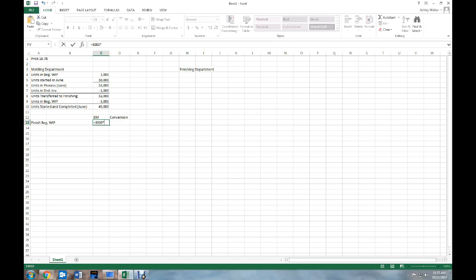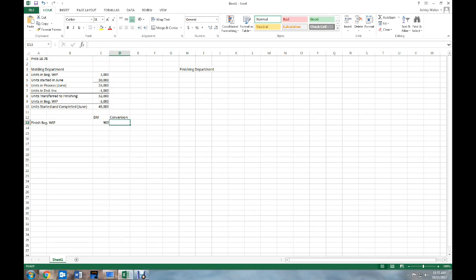So we go back and look at our fact pattern, percentage of completion down at the bottom of the table. Inventories with respect to direct materials on June 1st in the molding department were 70% complete. So what we have to do is finish our beginning work in process. If those were 70% complete, they require 30% to finish them. So those 3,000 units become 900.